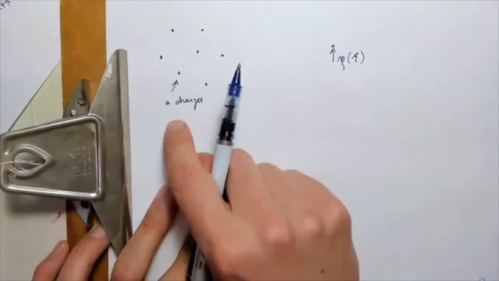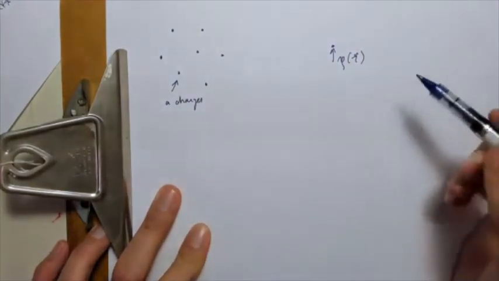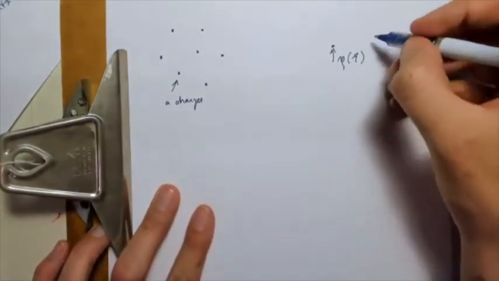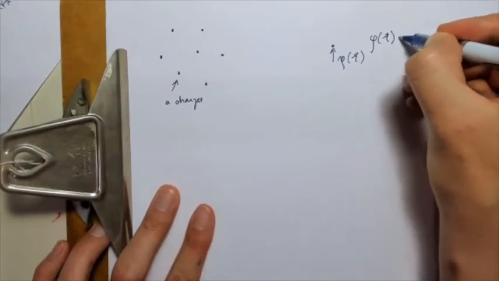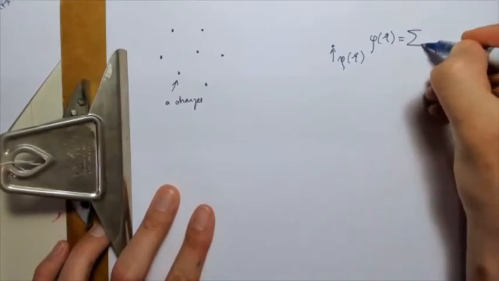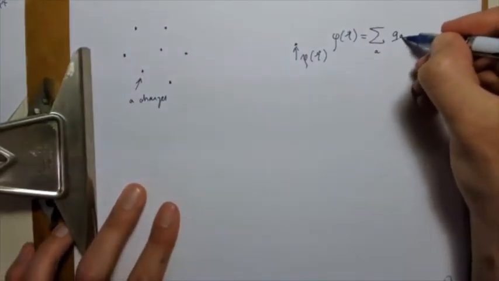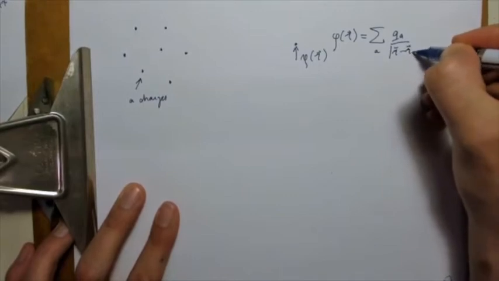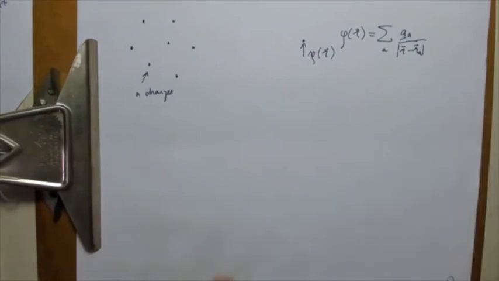Now, these A charges, they all have some charge Q_A. So the exact solution for the potential is not that hard to write. It's just phi of r is the sum over all of my charges A of Q_A over the magnitude of r vector minus r_A. Very straightforward.